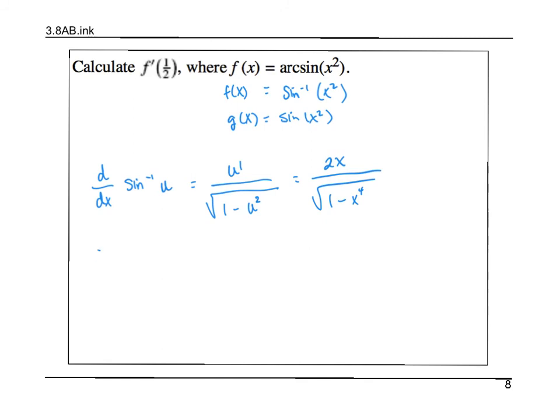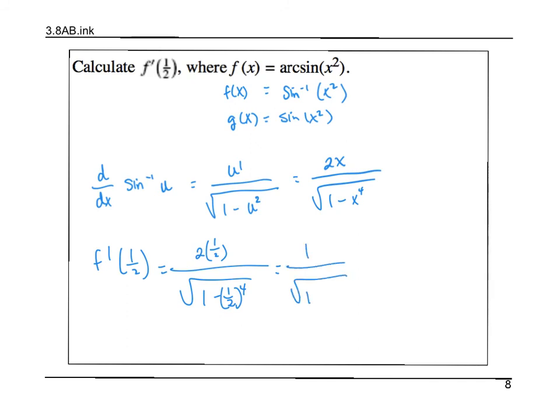We want the derivative at 1/2. So 2 times 1/2, over the square root of 1 minus 1/2 to the 4th power. Working through this, I would have 1 over the square root of 1 minus a 16th, or 16/16 minus 1/16, so 1 over the square root of 15/16.